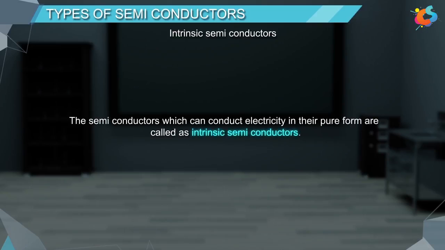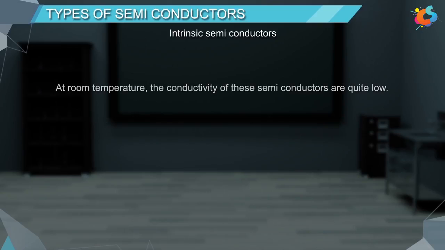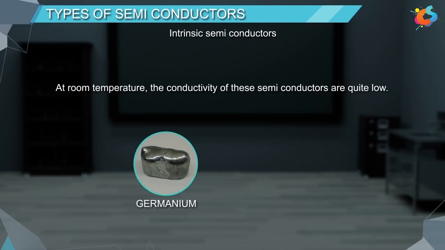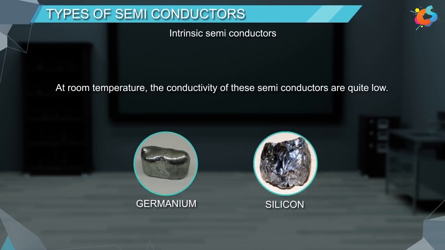The semiconductors which can conduct electricity in their pure form are called intrinsic semiconductors. At room temperature, the conductivity of these semiconductors is quite low. Example: germanium and silicon are intrinsic semiconductors.